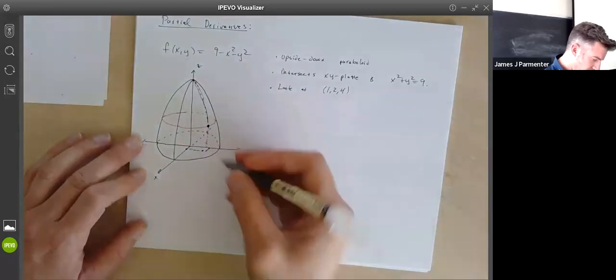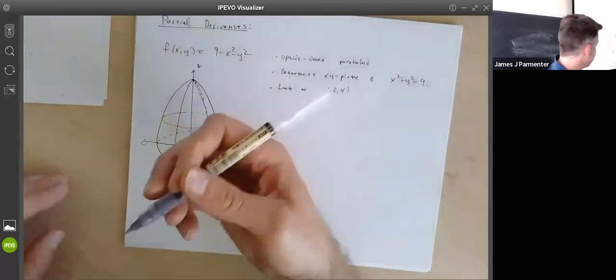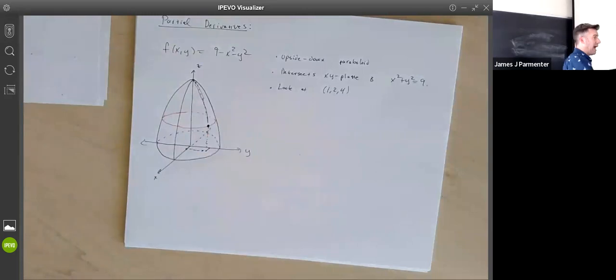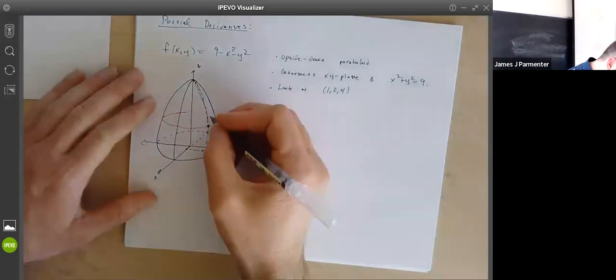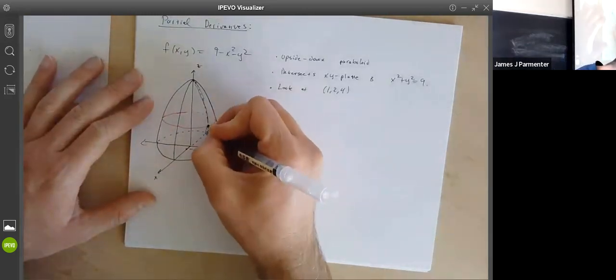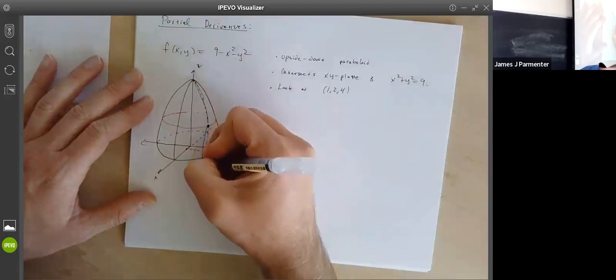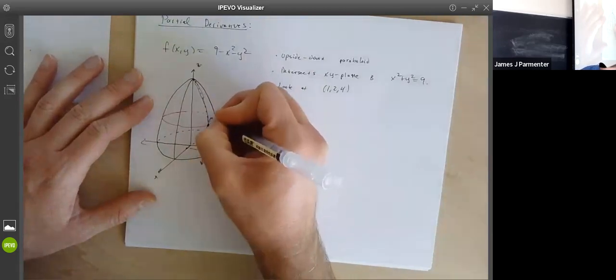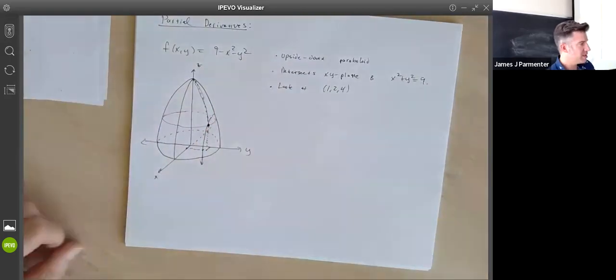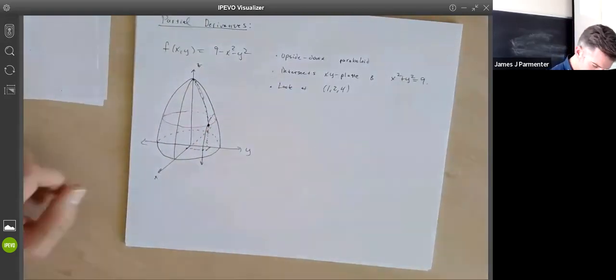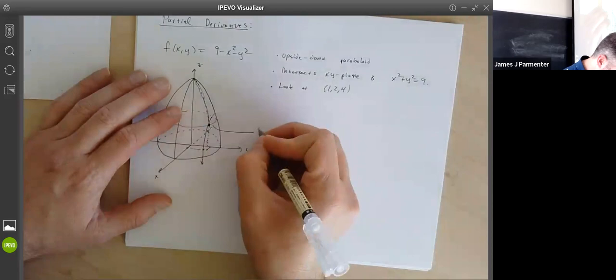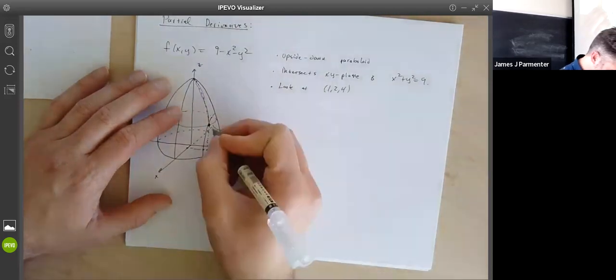Specifically, if I travel from this point in the out towards you X direction, so basically, if I travel this way down the mountain, what's the slope at the point 1, 2, 4?